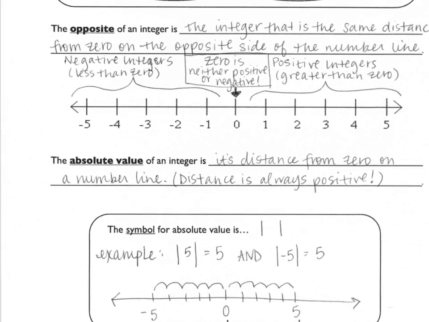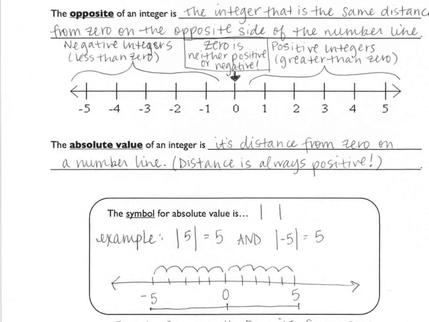And the symbol that we use for this looks like this. It's 2 straight lines surrounding the number. So for example, the absolute value of 5 is going to be 5, because right here we can see that 5 on a number line is 1, 2, 3, 4, 5 steps, a distance of 5.